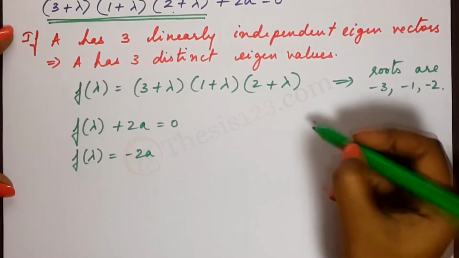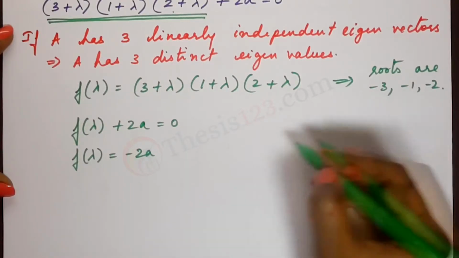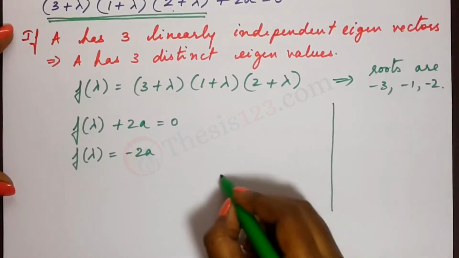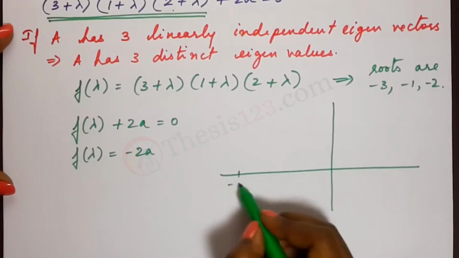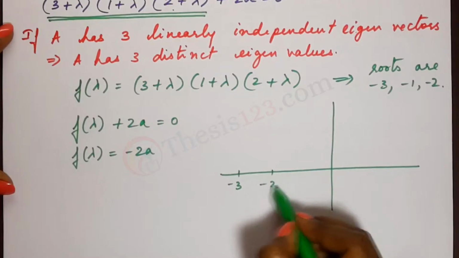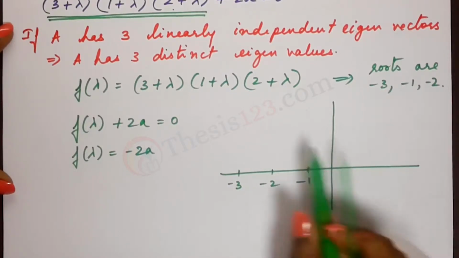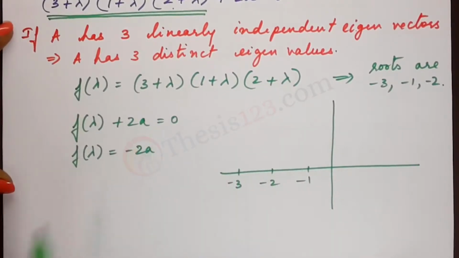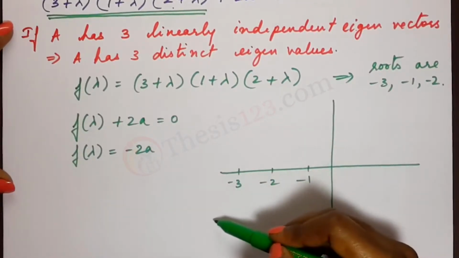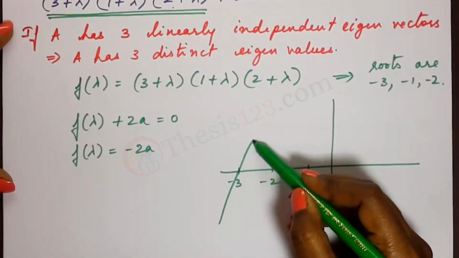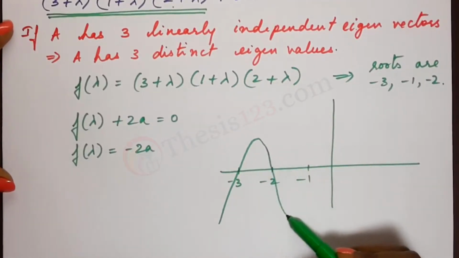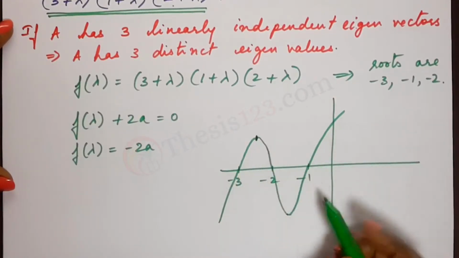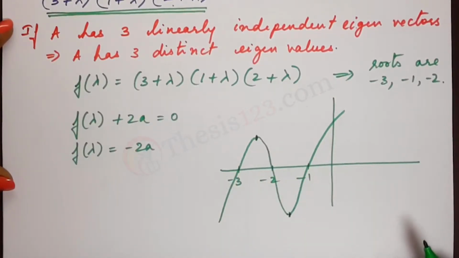So let's try to visualize this in terms of a graph. If we draw a graph here, we have our roots at minus 3, minus 2 and minus 1. Since it has 3 factors, the graph should resemble a curve that has a maximum point and a minimum point.